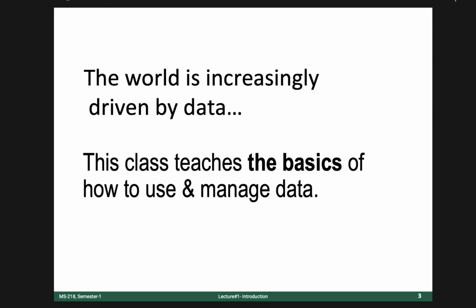Okay. So the world is increasingly driven by data, right? No doubt about it. Today, all businesses, all banks, companies, they are dependent on data, right? If they don't have correct data or the right information at the right time, they cannot make decisions, right?